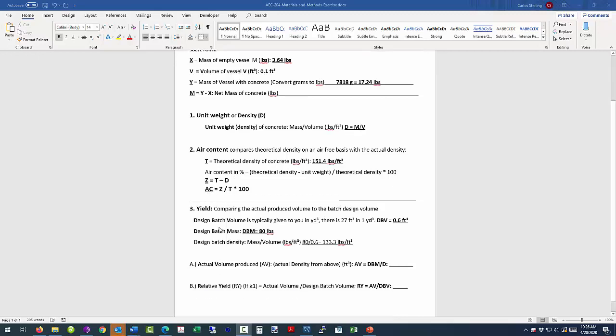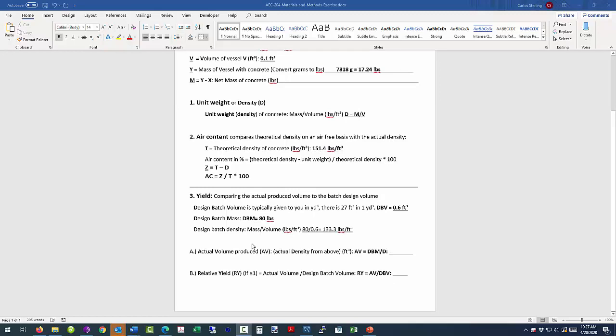Now we're going to do yield. We know that the design batch volume is 0.6 cubic feet, and the design batch mass is 80 pounds. This already gave you the design batch density.